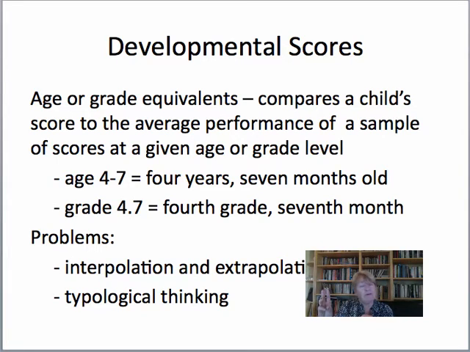They're imaginary scores because they didn't go and get them, but they are somewhat realistic because there should be a progression between 4.5 and 5.5. We can connect the dots and get some idea of the scores in between. And we could do the same for age level if we wanted to. That's called interpolation.